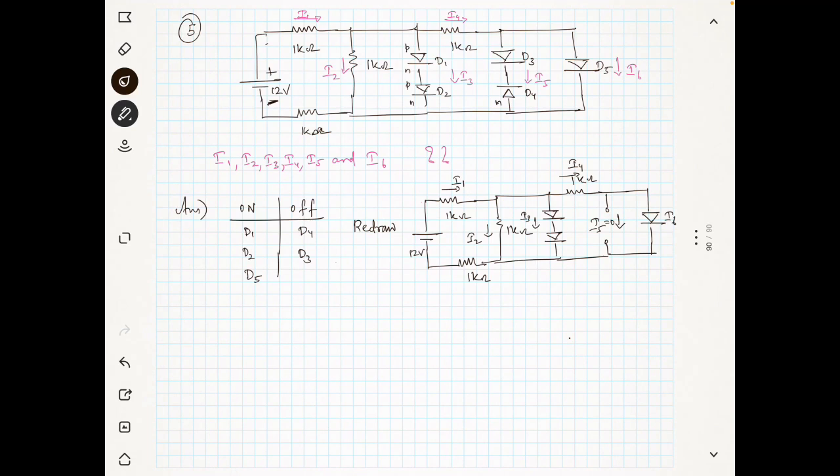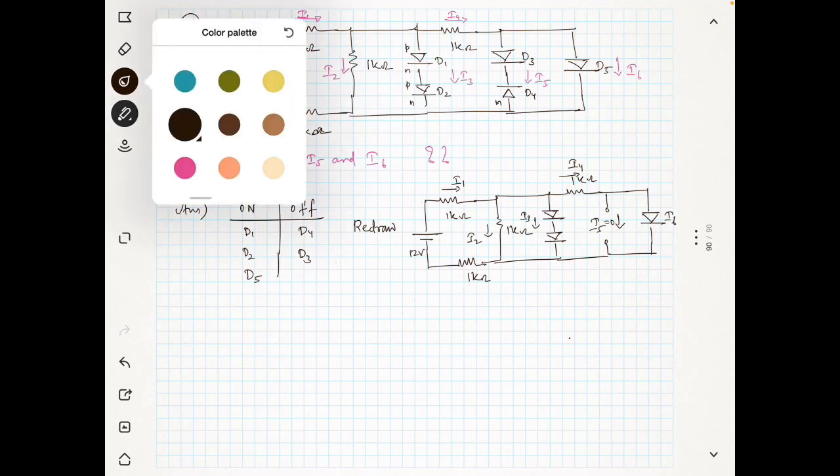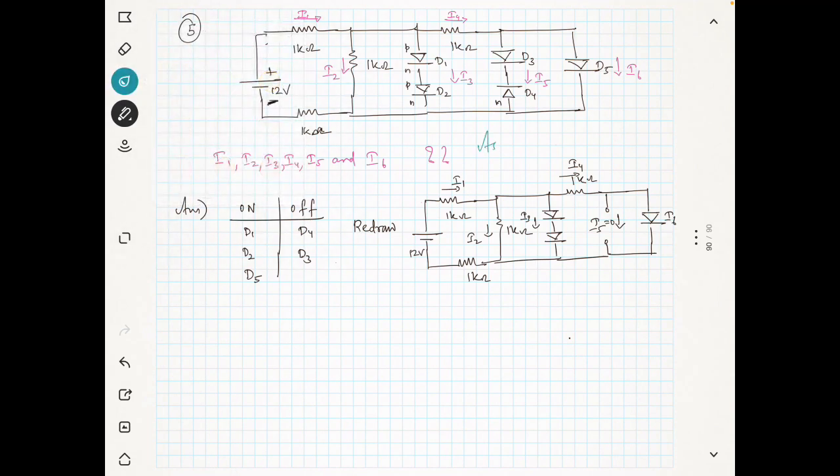I forgot to write one more thing. That means you have to assume the practical model for solving this. Assume practical model. So in a practical model we know that if the diode is in on state, the voltage drop across the diode is 0.7, and if it is in off state, the diode acts as an open circuit.